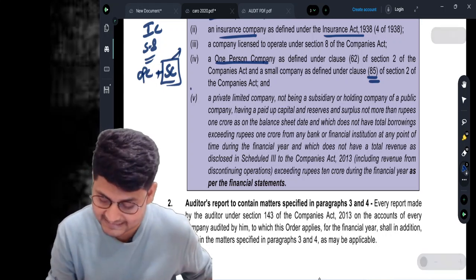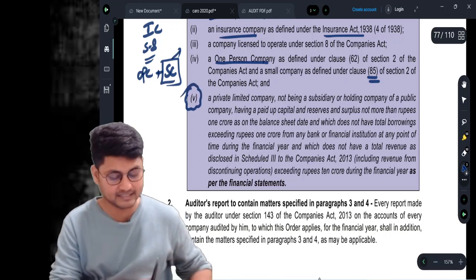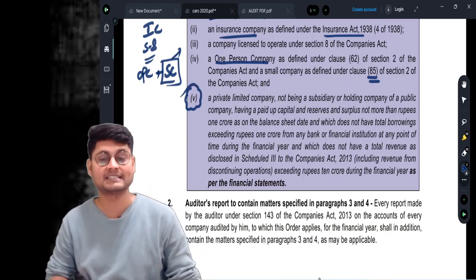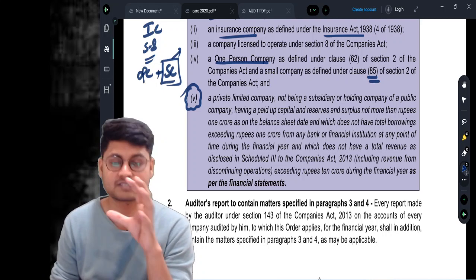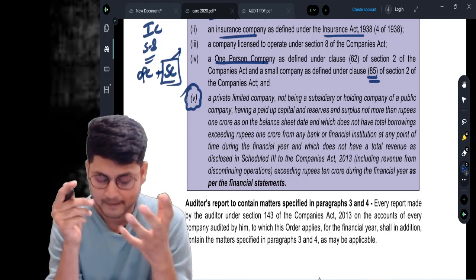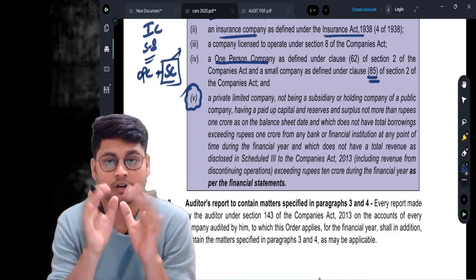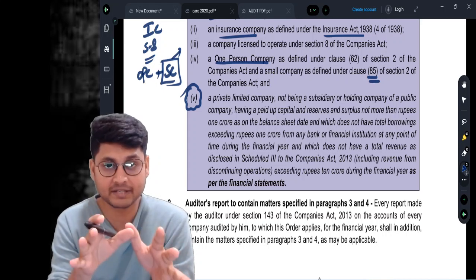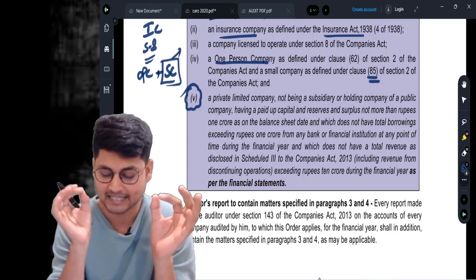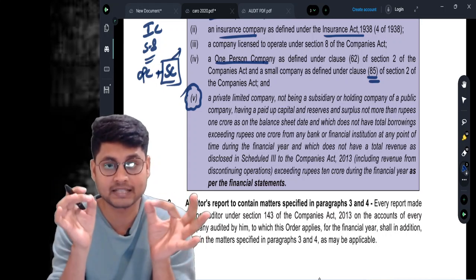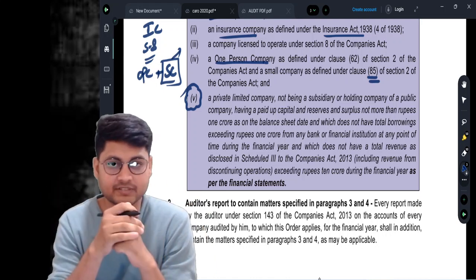Now this is the area where the institute may check you. There may be a question from this area. It is saying that for a private company also, CARO 2020 is not applicable if the following conditions are satisfied.